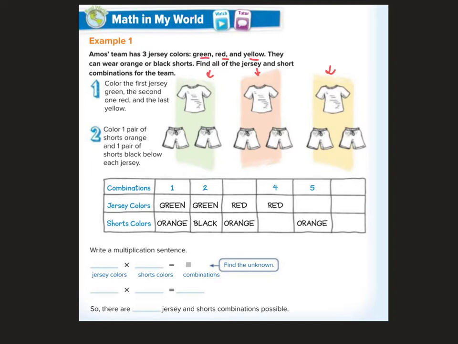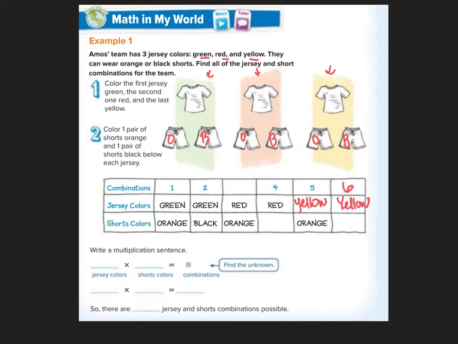Find all of the jersey and short combinations for the team. So we could draw a picture or we could do a table. So here we go. The jersey colors: green, green, red, red, yellow, yellow.